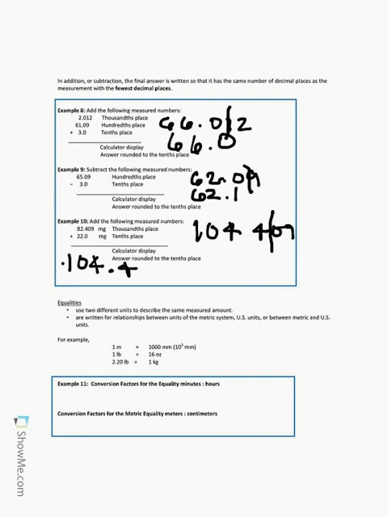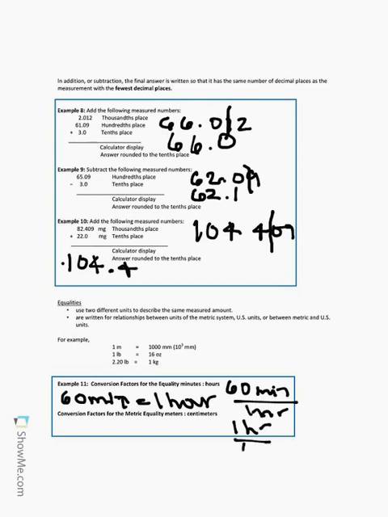So let's try it. Using an equality, we can write a conversion factor. The equality, minutes to hours, is that 60 minutes equals 1 hour. Right? The conversion factors that we can write from this are 60 minutes divided by 1 hour, or 1 hour over 60 minutes.